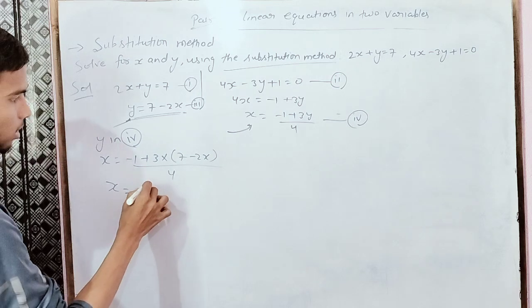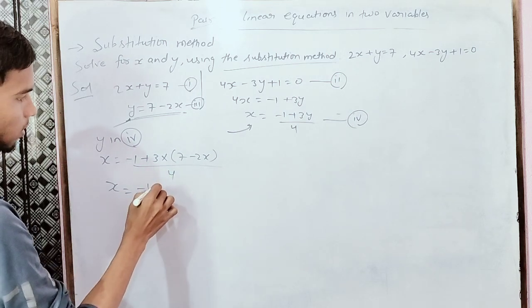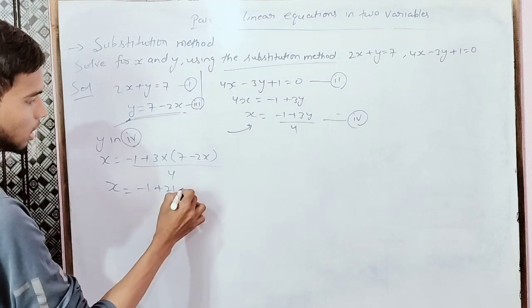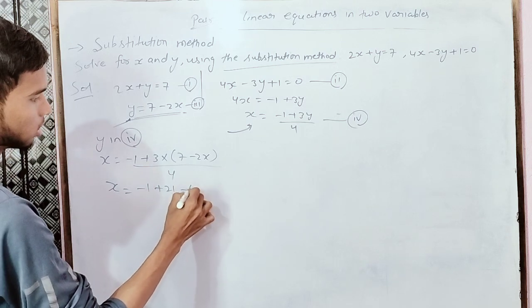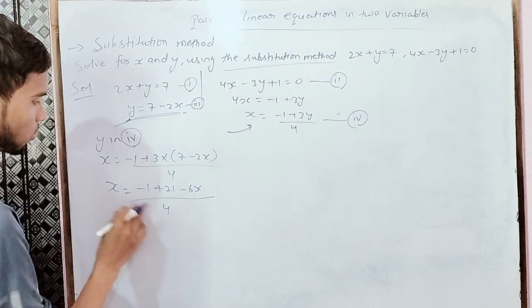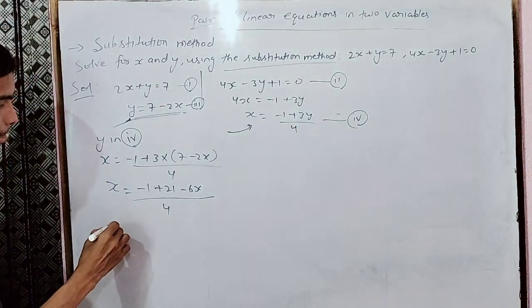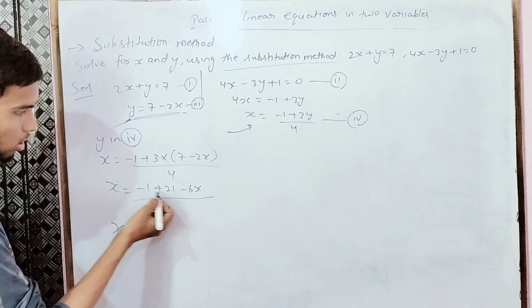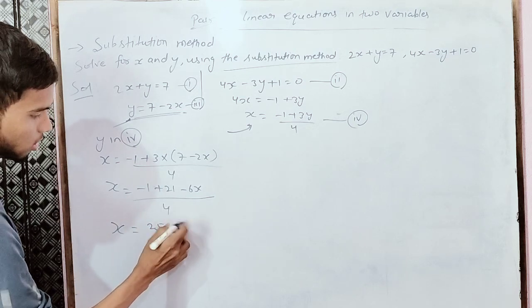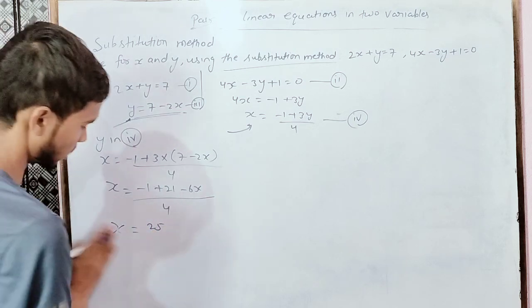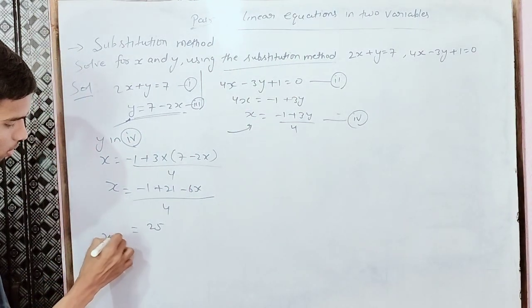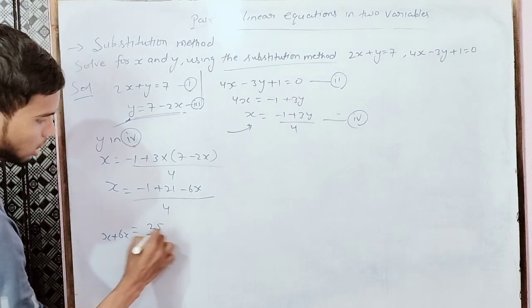We will simplify it. So it will become 21 minus 6x upon 4. So this is how much? 25, and this will come to this side, x plus 6x upon 4.